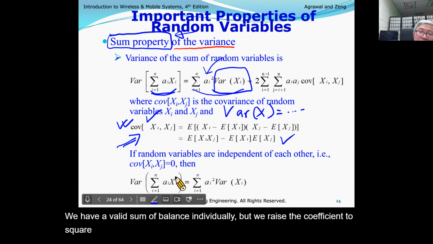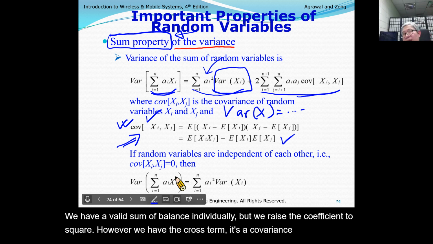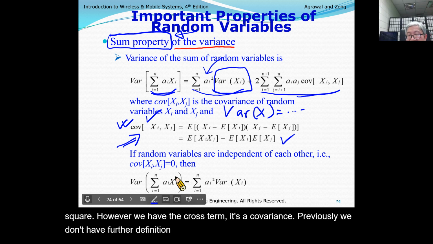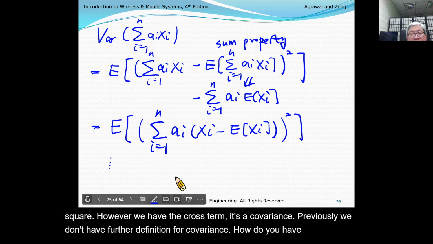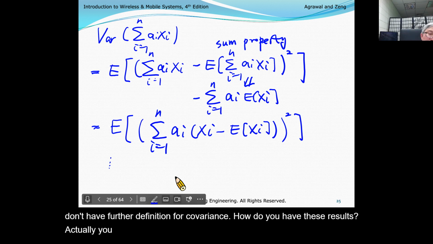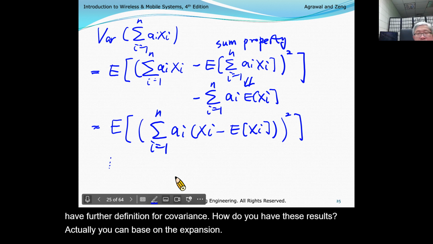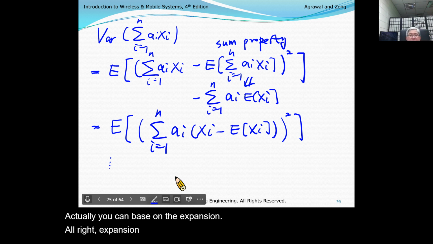However, we have the cross term, which is covariance. Previously, we didn't have the definition for covariance. How to get these results? Actually, you can pass on the expansion. All right, expansion of this. So how to have the result?